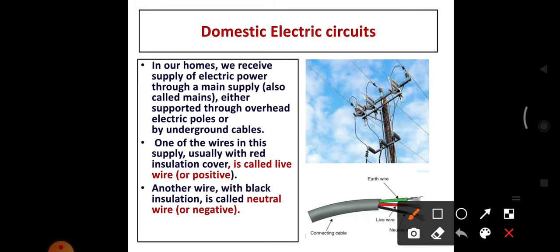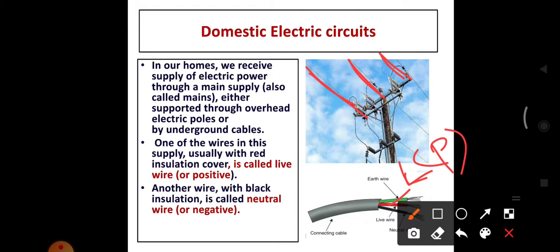These wires are made of aluminum or copper, and from this we take the electric current for our home. One of the wires in this supply, usually with red insulation, see here red insulation, is called the live wire, or positive.